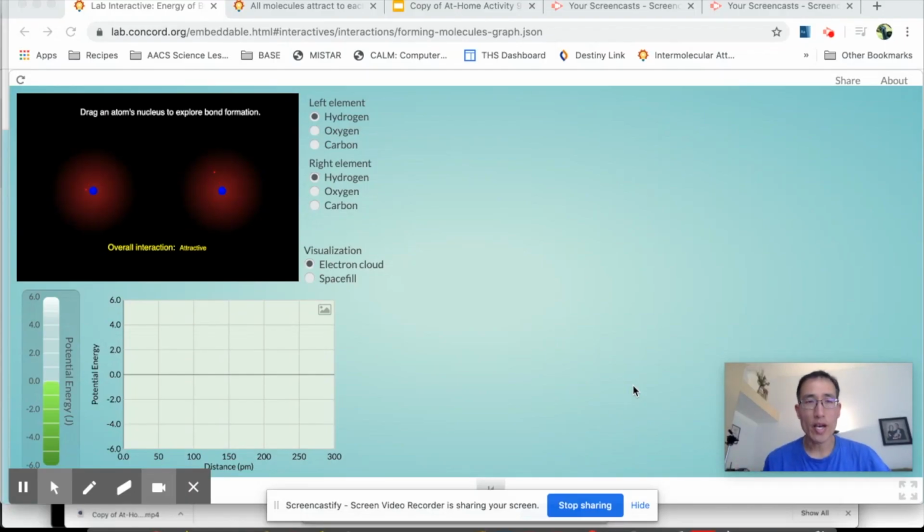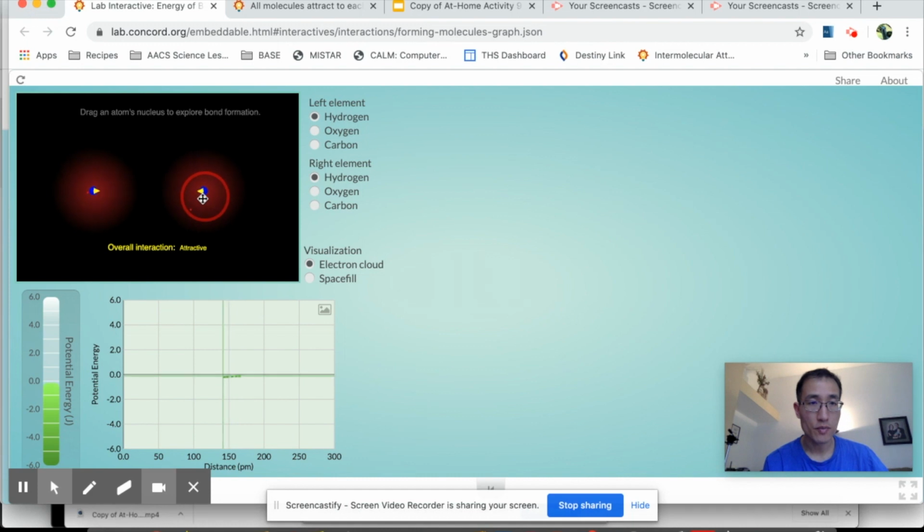So if you remember for the break, we had this simulation. This showed two atoms. So we have this atom here, this atom here. Remember, an atom has a nucleus, which is positive charge, and we have electrons on the outside, which are negative charge. And so remember, positive and negatives attract each other, and as I push them closer together, so I'm going to move these a little closer together, they start attracting.